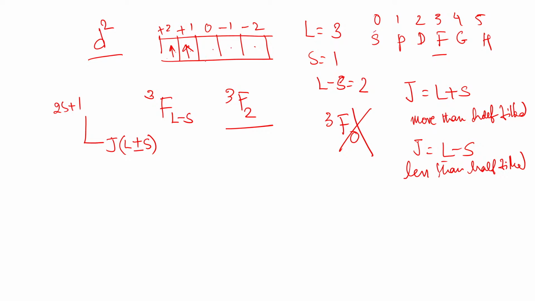Only have to count, this will be 2.5. In case of a D5 system, J will be L plus or minus S, whatever you take. L is 0, and you take the positive value, so J will be 2.5, the S value. Is it clear?